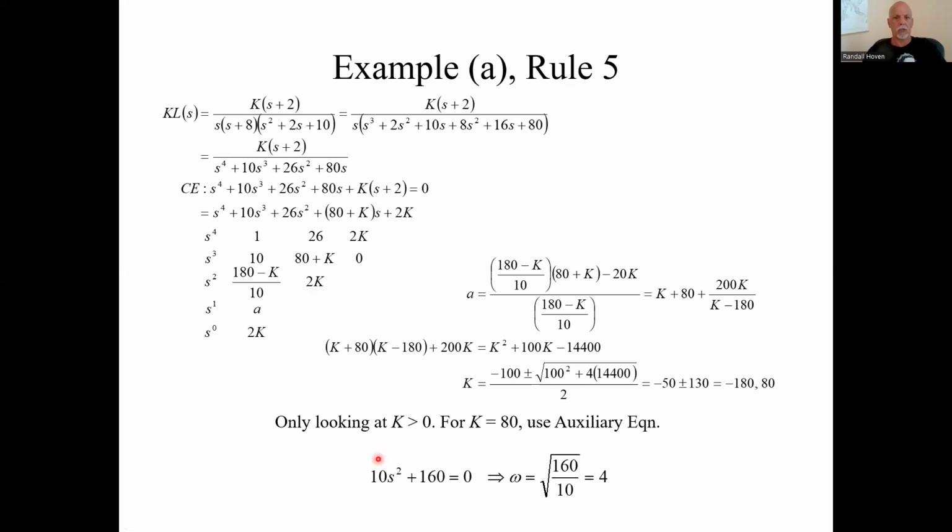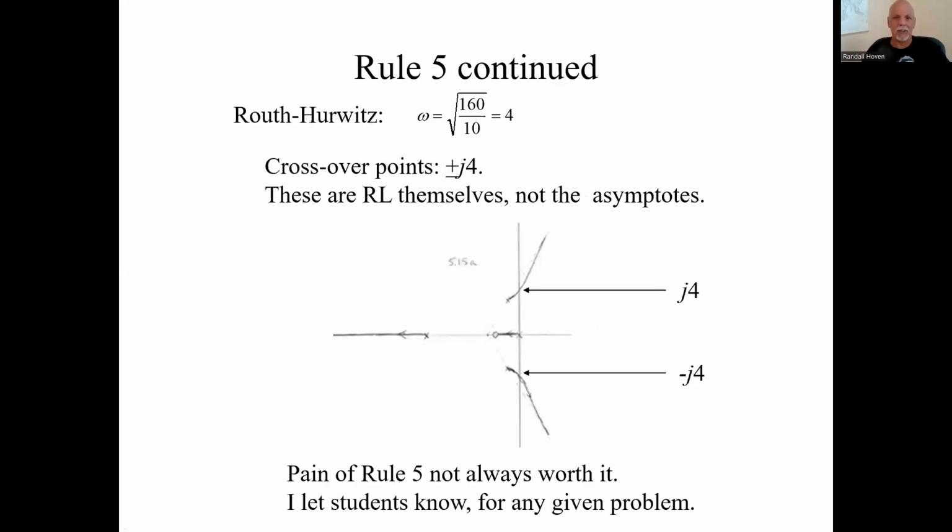Okay, there's the auxiliary equation, which means my omega squared is 160 over 10 or 16. Which means omega is 4. Sorry for my little bump down there. That means that's exactly where the root locus crosses the imaginary axis, right at j4 and minus j4.